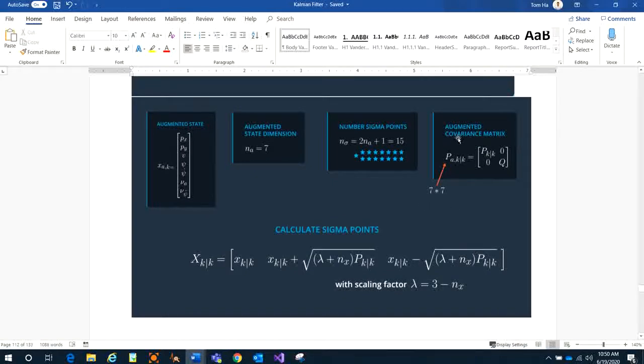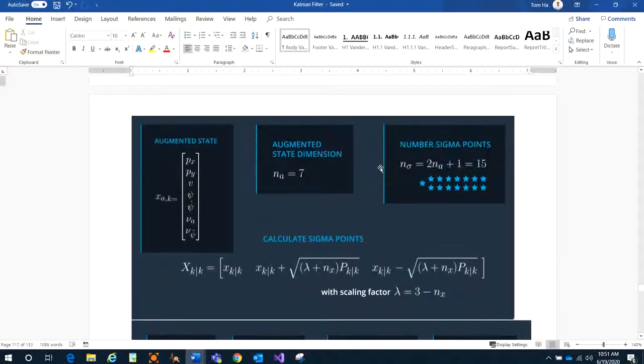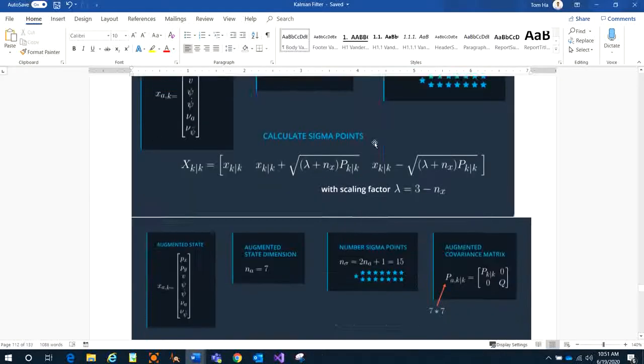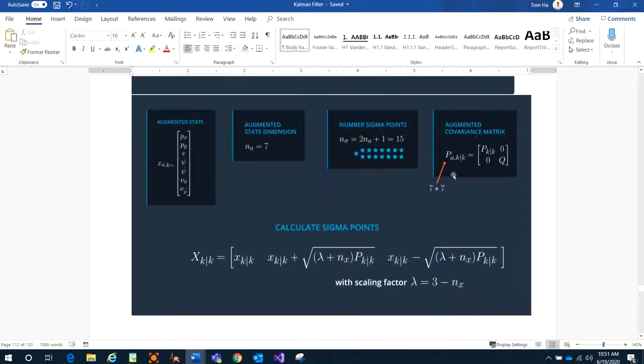We also have the covariance matrix. The augmented covariance matrix combines the covariance matrix right here and we add the process noise matrix right here, and they create a 7 times 7, 7 rows and 7 columns, augmented covariance matrix. It means you already have the augmented sigma point matrix, and you also have the augmented covariance matrix. Okay.